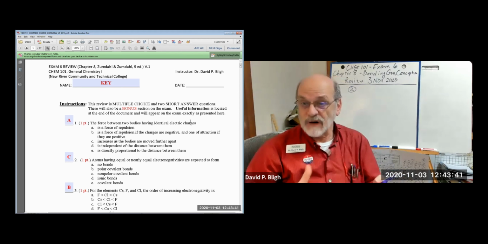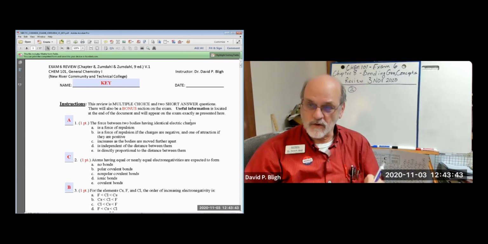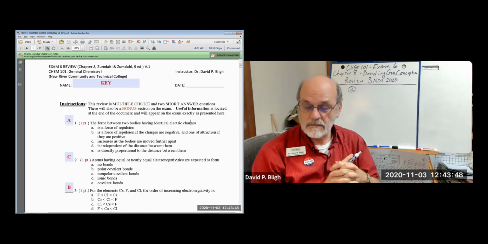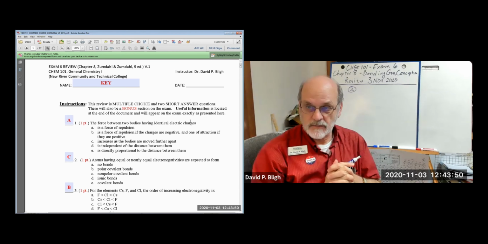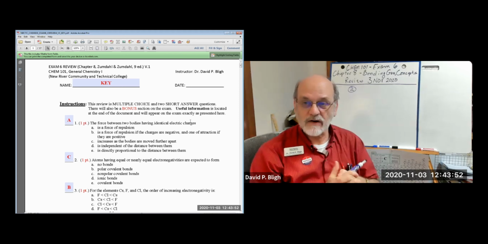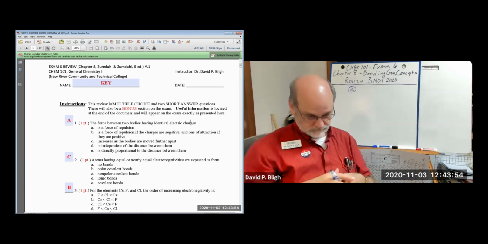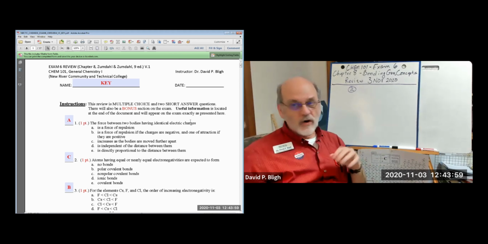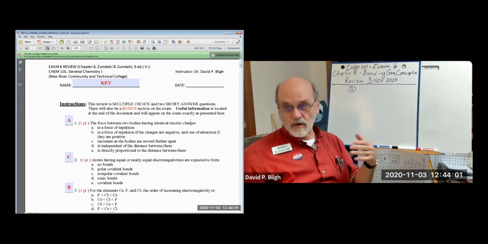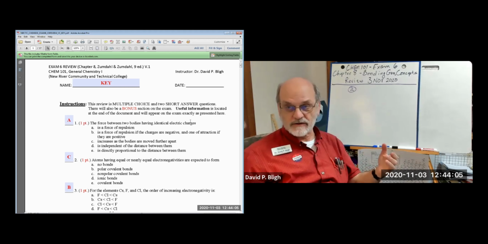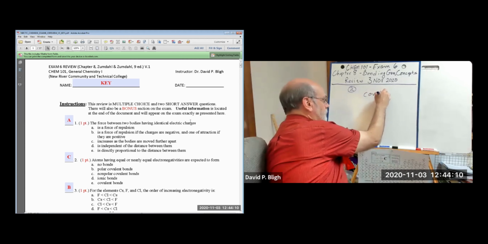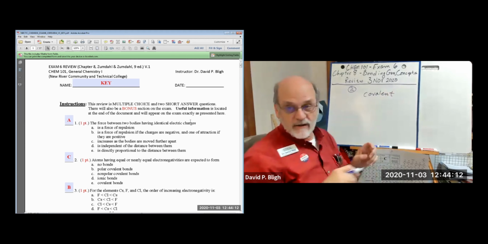All right, we're talking about bonds. If they have equal or really, really close electronegativities, but they still form a bond, what kind of bond would you expect? Well, when the electronegativities are very close, nobody wins when they're fighting over electrons. So the only option they have is to share electrons, and that means covalent bonding.